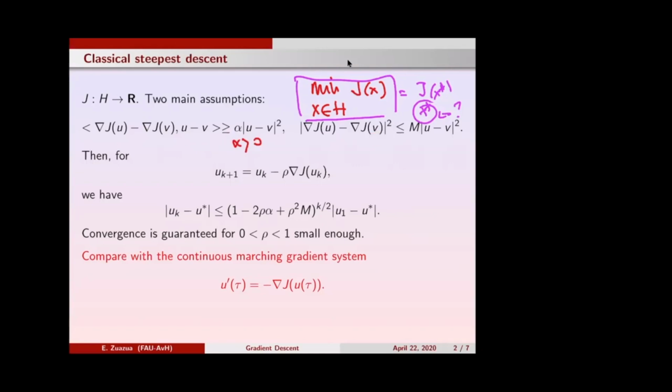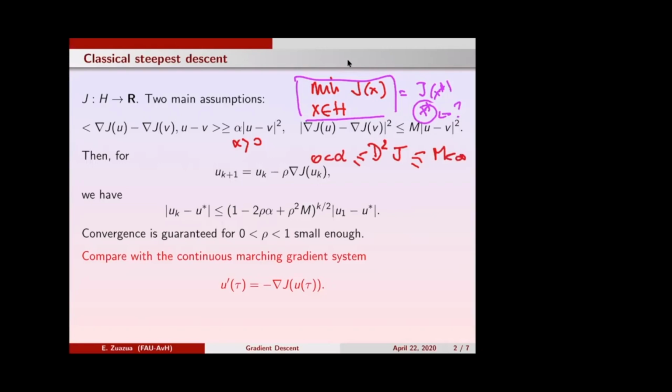On the other hand, I want the gradient of J to be Lipschitz. So basically, you want J to be C2 with a second derivative that is bounded. Then basically, what this is telling you is that you want an upper bound M and a lower one, alpha, both positive and finite, for the Hessian of J. This is basically what you need.